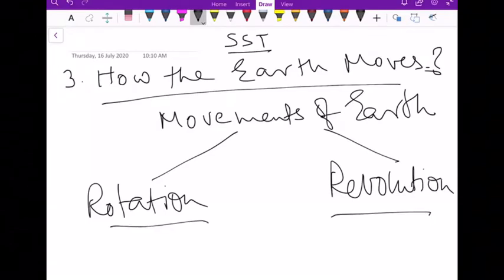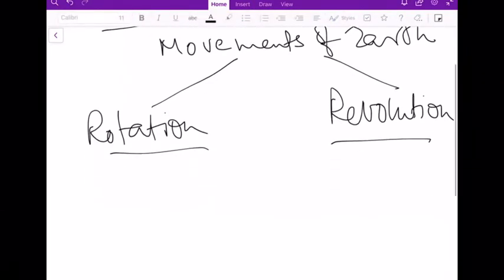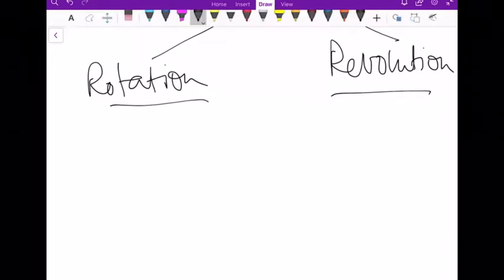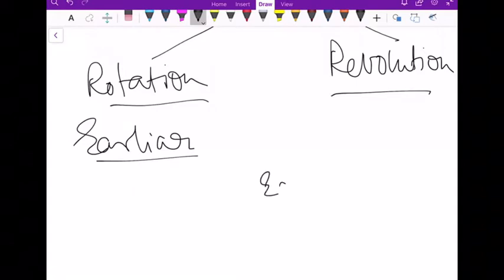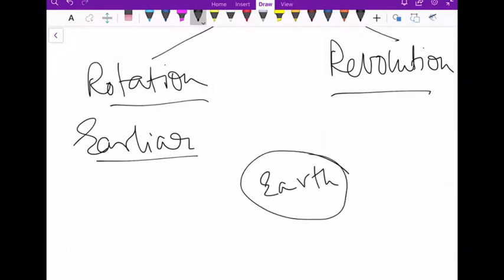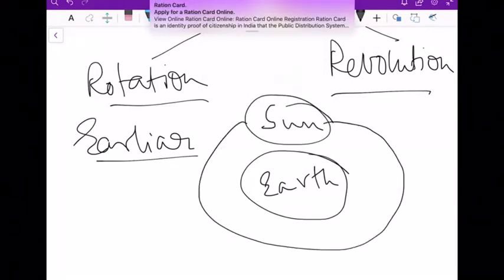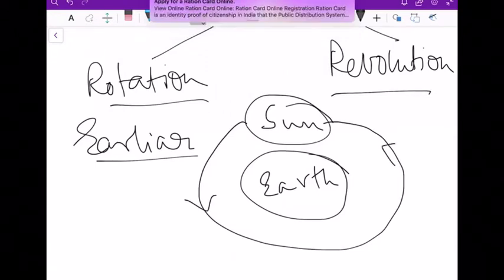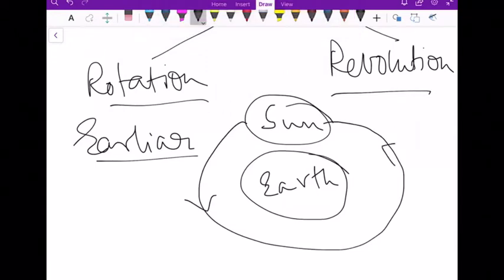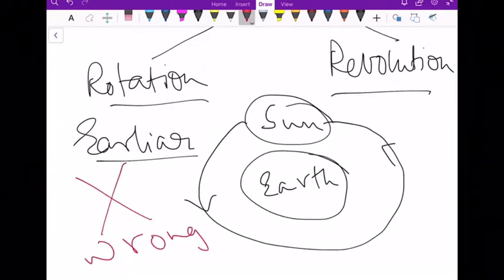Now, before I start explaining rotation and revolution, students, let me tell you a funny thing. In ancient times, people used to think that the earth is the center of the solar system and the sun moves around the earth on its orbit. This is a wrong concept, later proved.